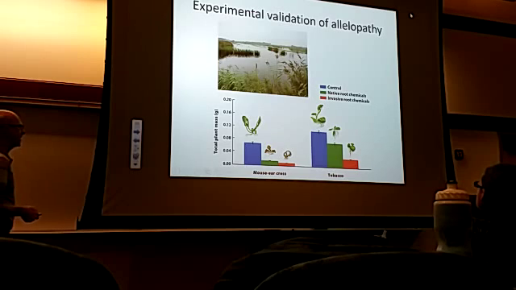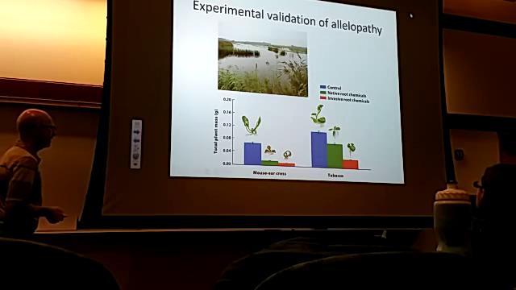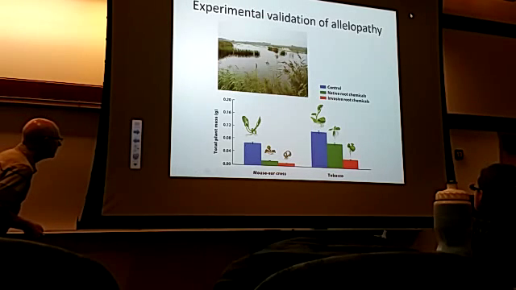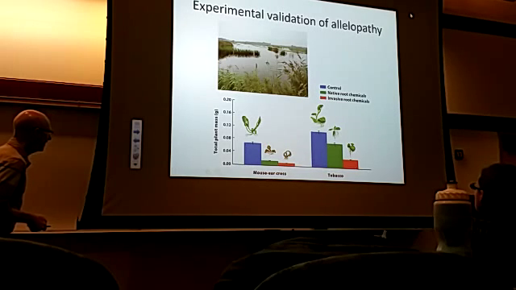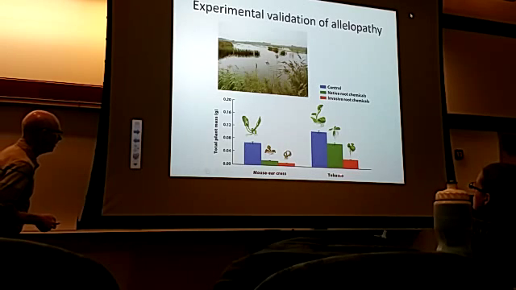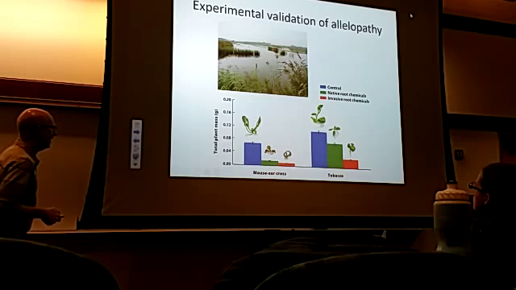So in this case, we've got some aquatic species, and I don't remember what this is about. Let's see. Okay, so what they've done here is they have done an experiment in this aquatic plant situation and this terrestrial plant situation.